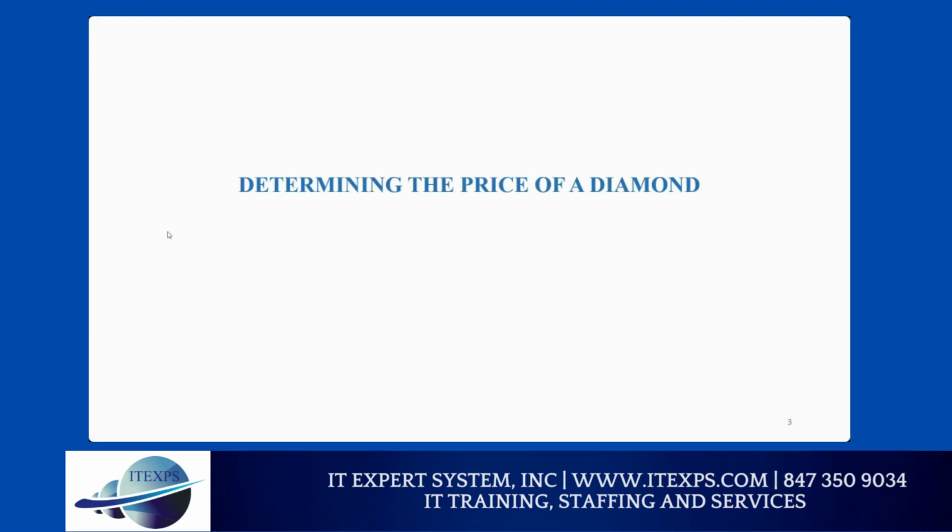In determining the price of a diamond, there are various factors. Which factor is good, that I want to find out. Which variable is most important, and which variable is not important, that's what I am trying to find out.